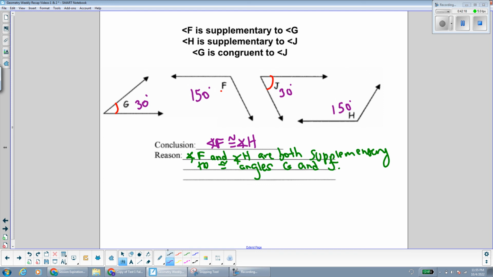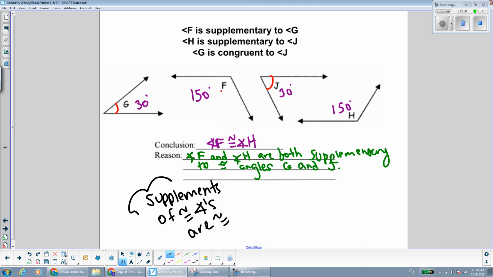We have a name for this theorem so that we can write this explanation in a shorter amount of words. We can say supplements of congruent angles are congruent.